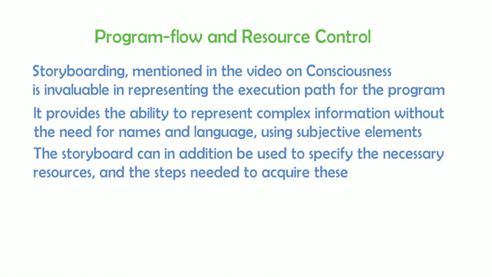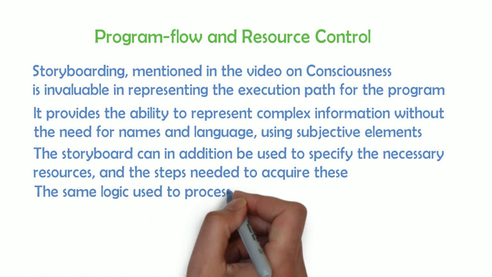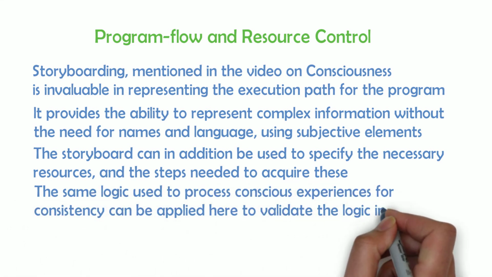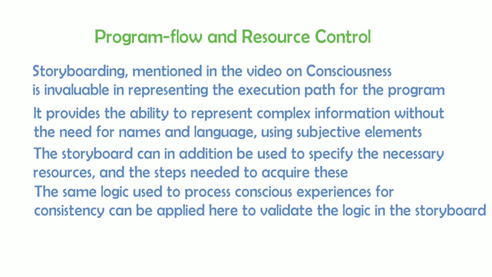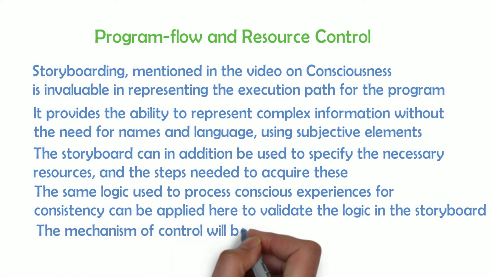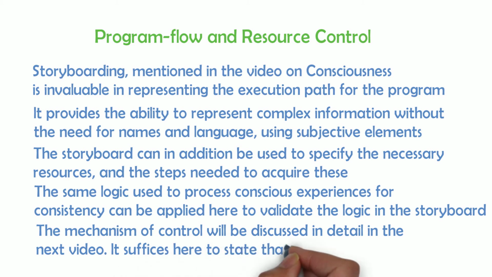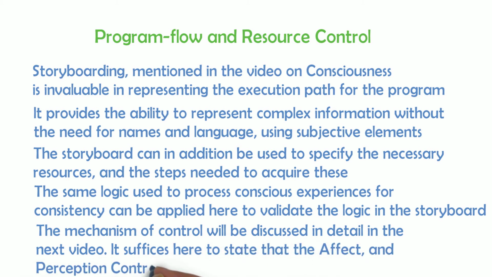The same logic used to process conscious experiences for consistency can be applied here to validate the logic in the storyboard. The mechanism of control will be discussed in detail in the next video. It suffices here to state that the affect and perception control theories, ACT and PCT, will be used for that.